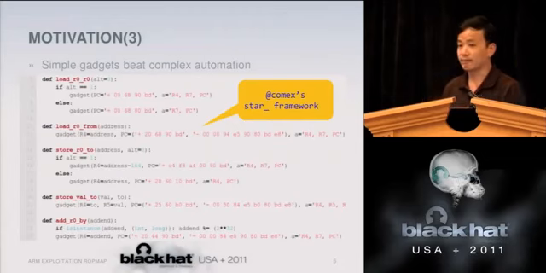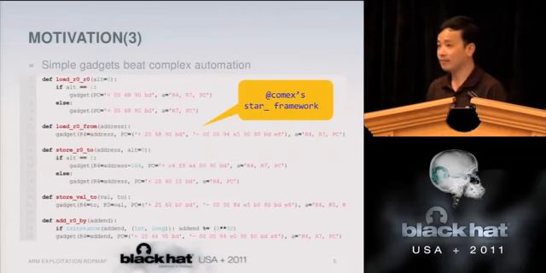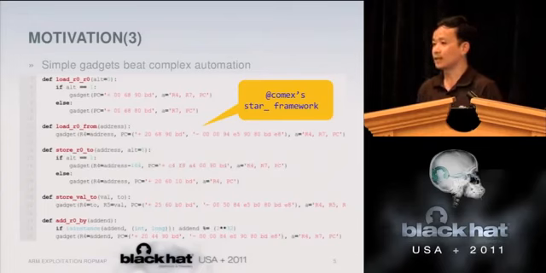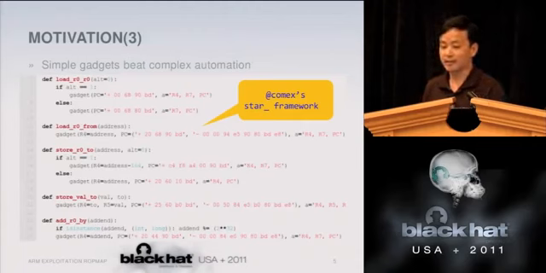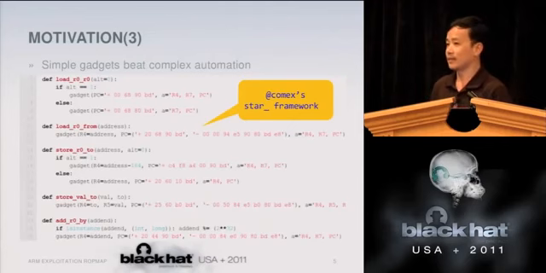In his presentation, he does ROP automation with a solver and a lot of written language. But from my observation in practical use, Cormac's framework with just simple gadgets can beat that automation tool in terms of time to deploy the exploit.